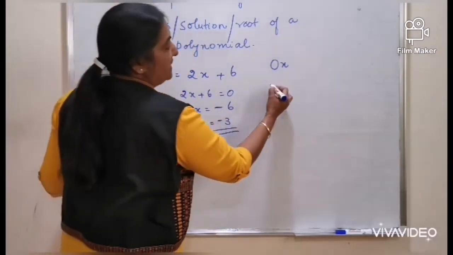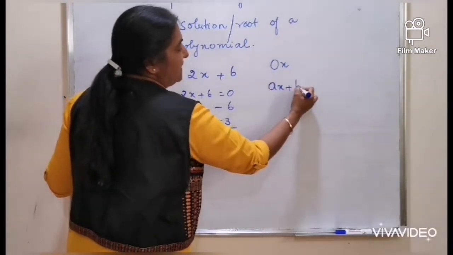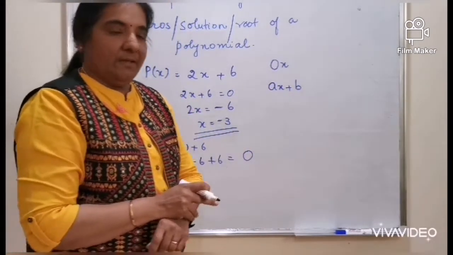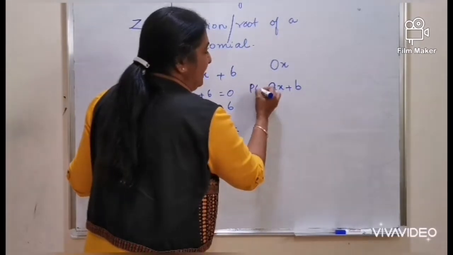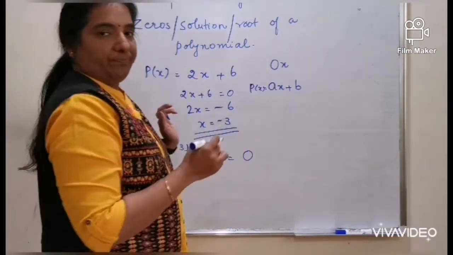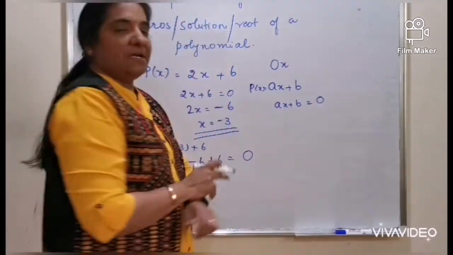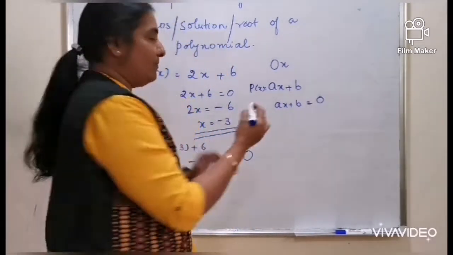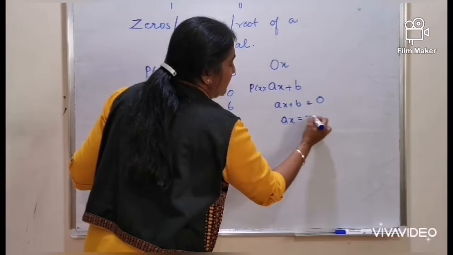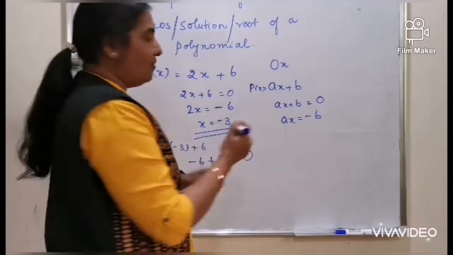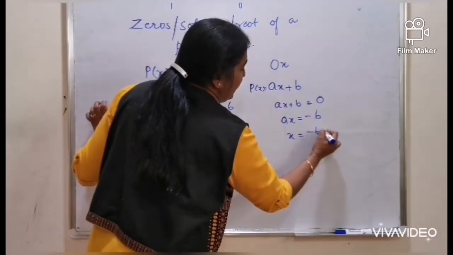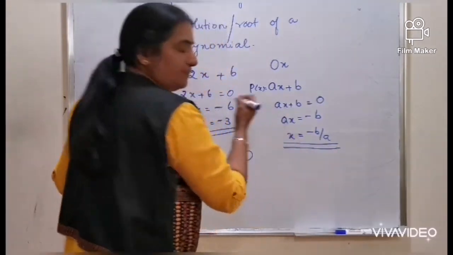So, if you take the general form ax plus b, you call it p of x. ax plus b should become a 0 polynomial, so ax is equal to minus b, or x is equal to minus b by a.